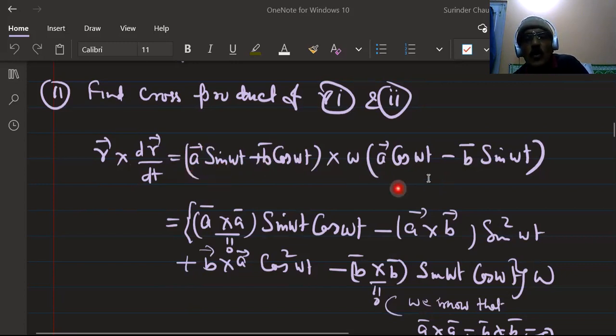So we get a vector cross b vector sin omega t cos omega t, minus, plus, a vector cross b vector, and b vector cross a vector sin squared omega t. We can't change the order.